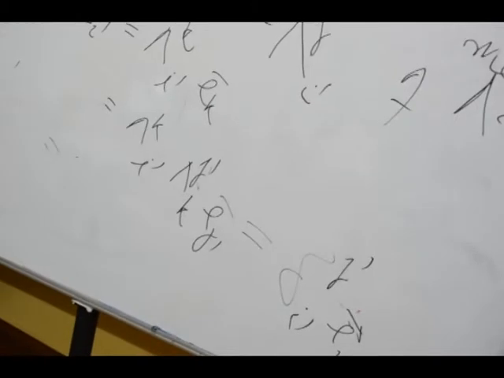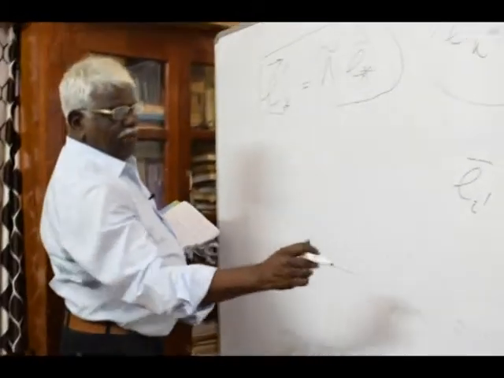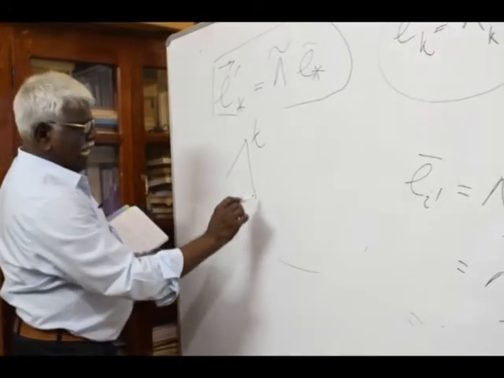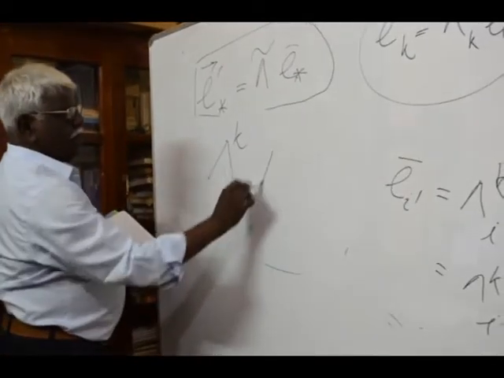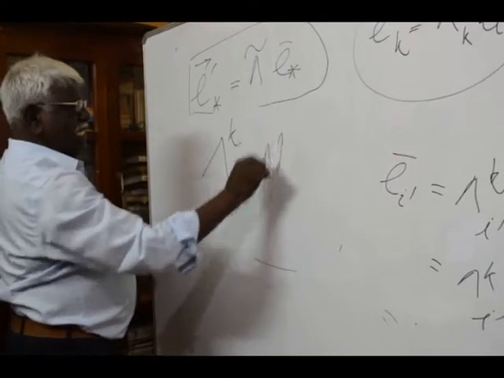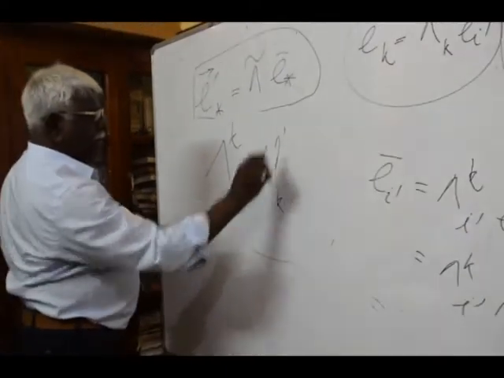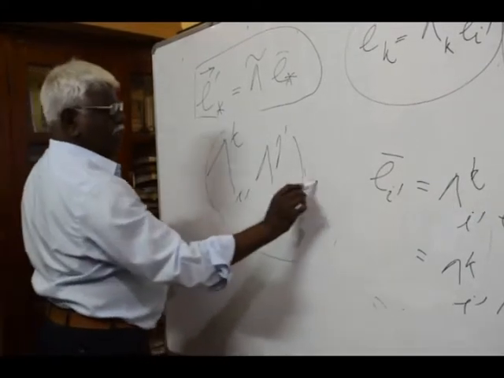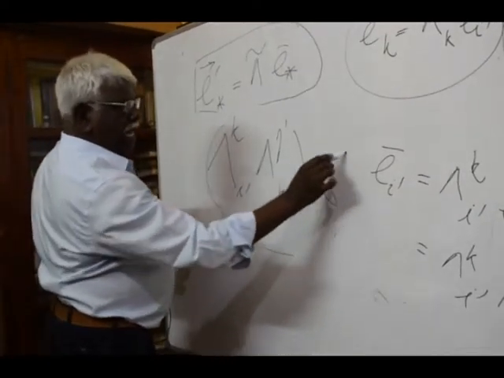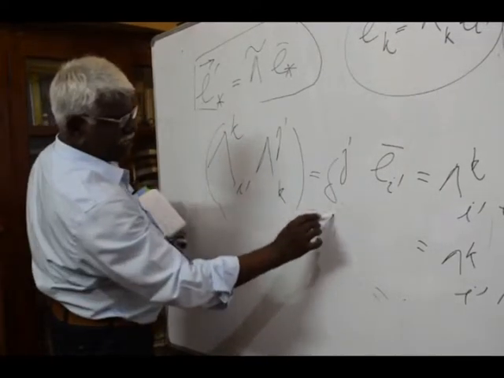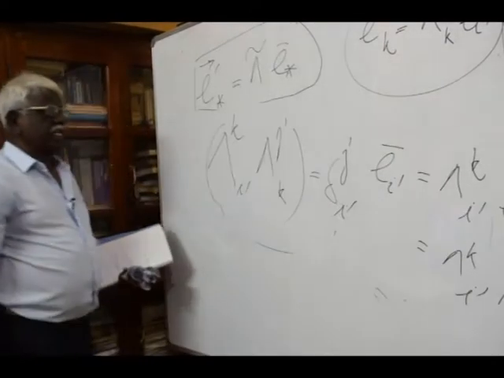So we have the expression lambda k i dash lambda j dash k equals delta j dash i dash. It's the Kronecker delta.